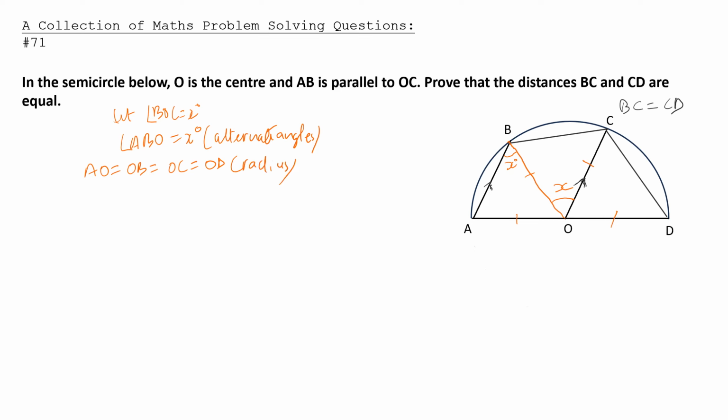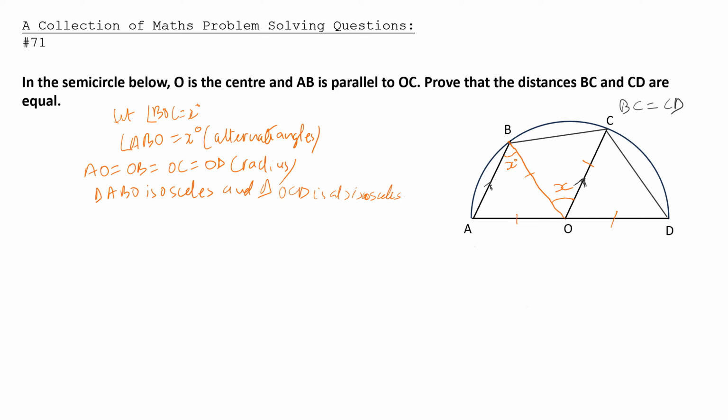So triangle ABO is isosceles. And triangle OCD is also isosceles. That doesn't necessarily mean they're equal, but just stating that they are both isosceles.